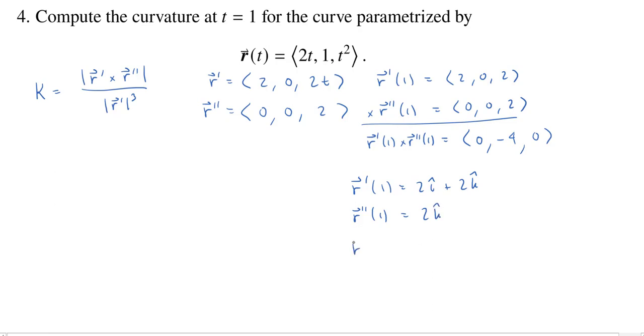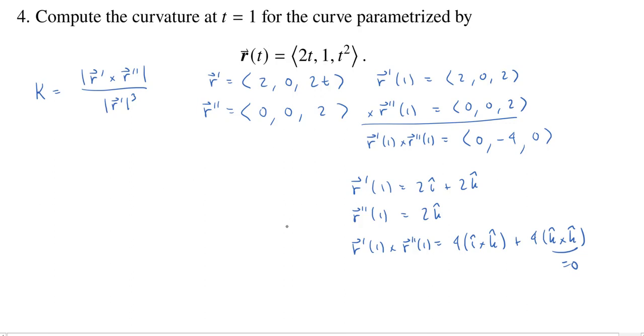And so the cross product of r prime at 1 and r double prime at 1, using distributivity, is going to be, let's see, 2 times 2 is 4 i cross k, plus 2 times 2 is 4 k cross k. And k cross k is 0, right? Anytime you take a vector cross itself, you get 0.